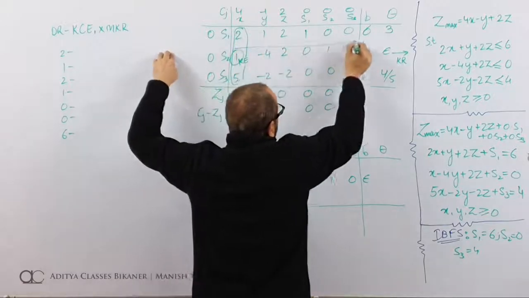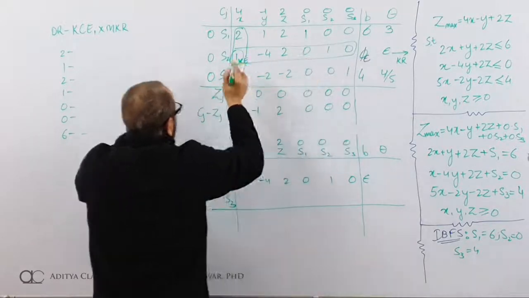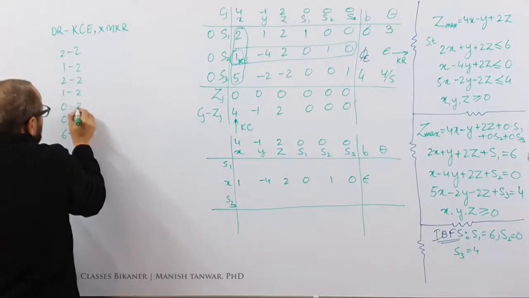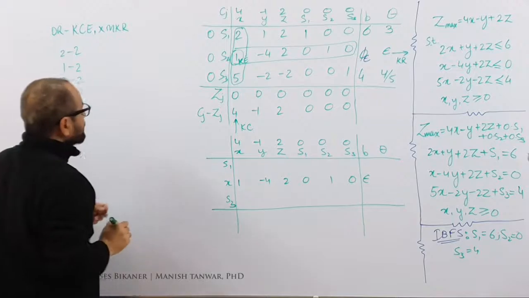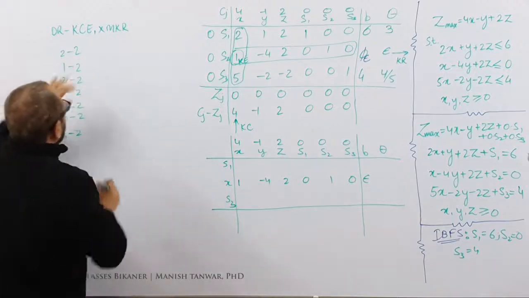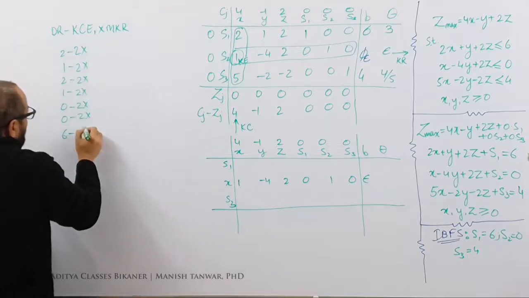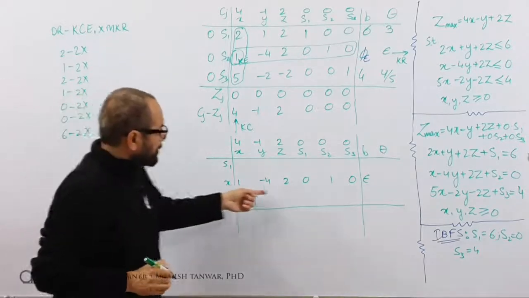This is key row. Key column element 1. It is 2. Then the modified key row would be, modified key row is this.